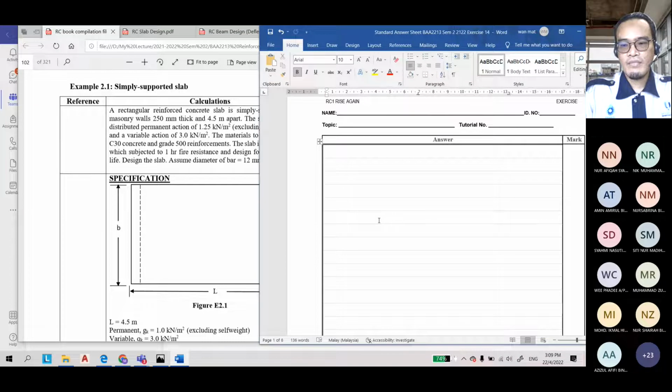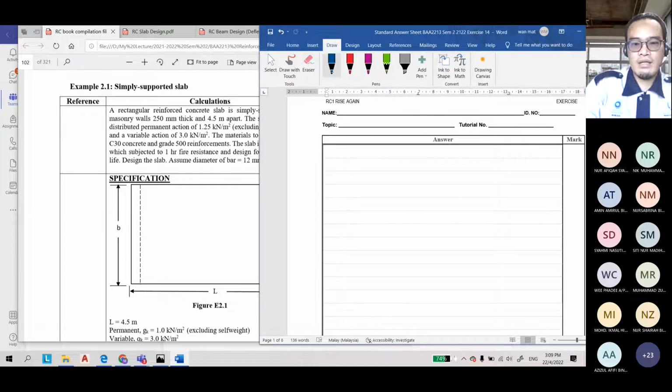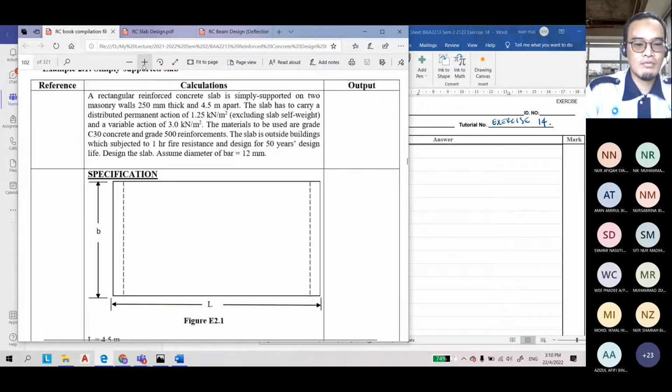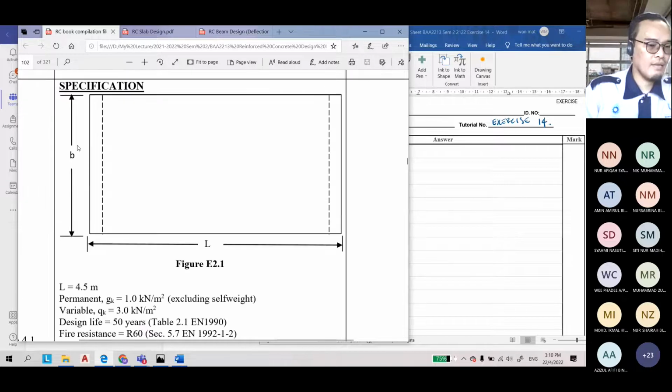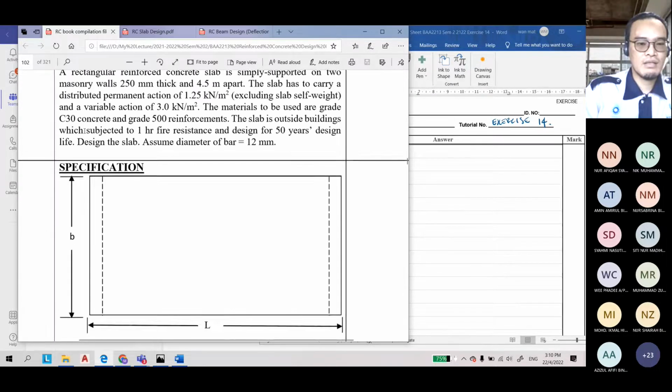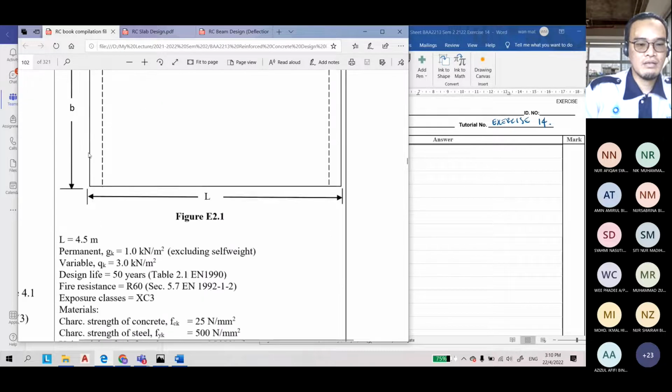Please write down the data I give to you. It's number 14. For this module, I want to change the value.